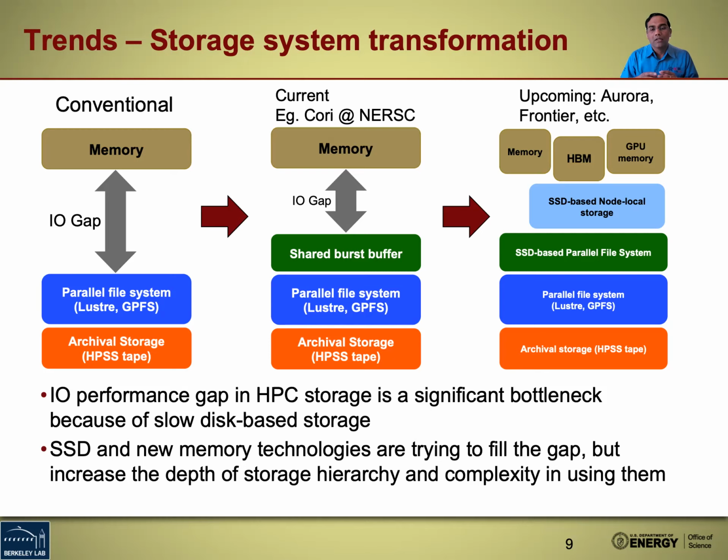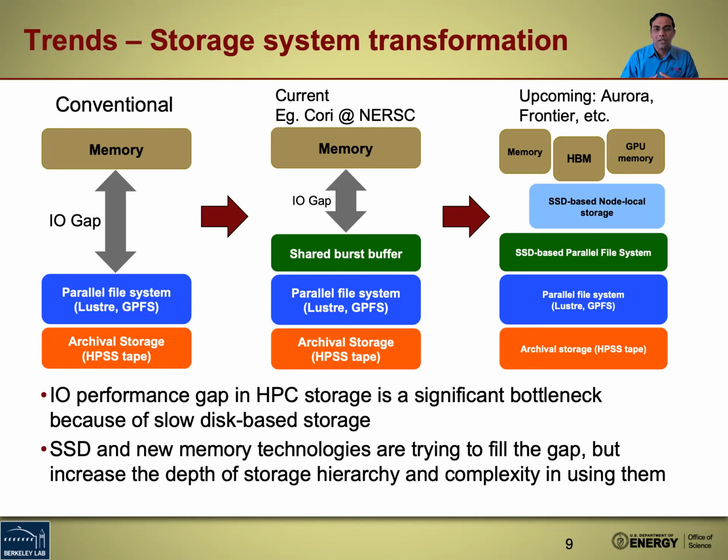That reduces the gap, but it's not that significant if the SSDs are located outside the compute node. So the new systems that are coming up are planning to add more levels of storage hierarchy, and also new types of storage class memory, like high bandwidth memory, Optane, and all those things.